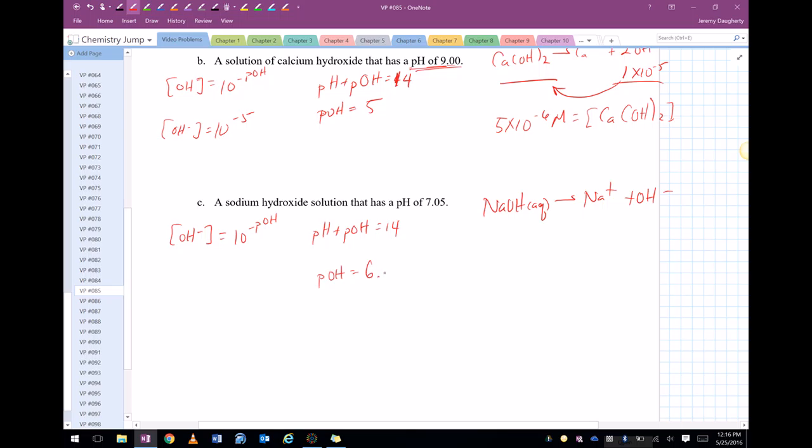So I get a pOH of 6.95. So I get a hydroxide equal to 1.12 times 10 to the negative 7th molarity, which is also the concentration of our sodium hydroxide.